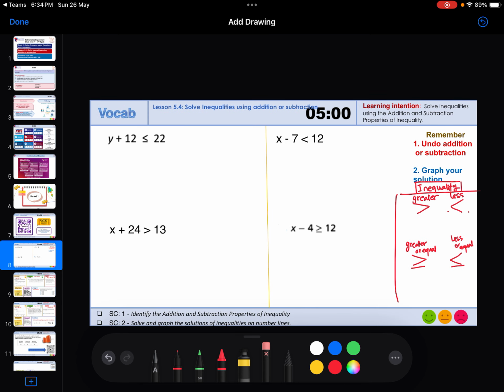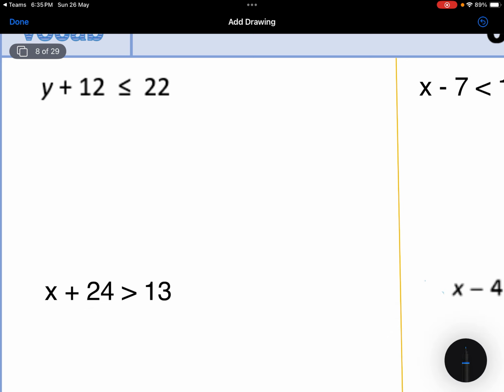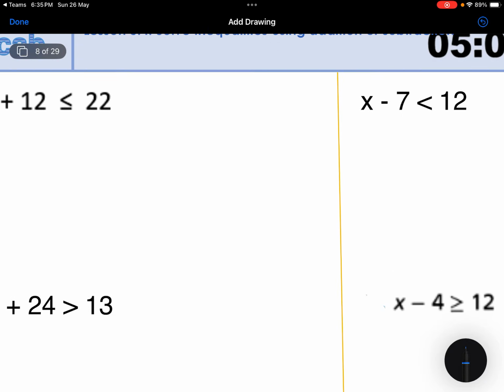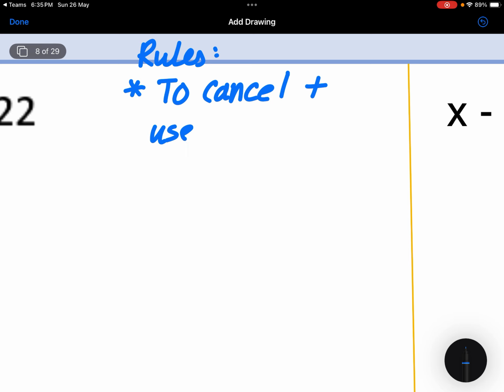Let's see how we can solve inequalities using inverse operations. I'll start with the addition ones. Whether it's addition or subtraction, it's the same rule. Just keep in mind a simple rule, which I'll write here: to cancel addition, use subtraction, and vice versa.